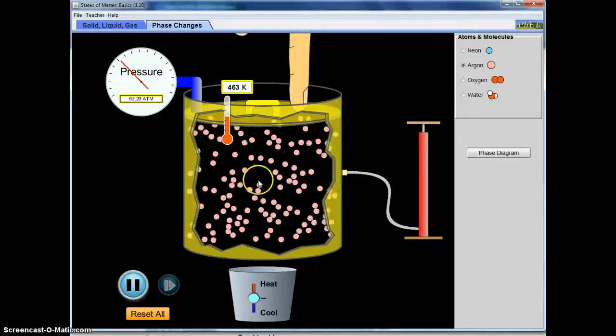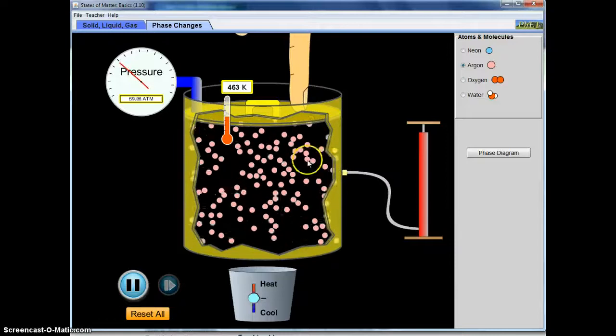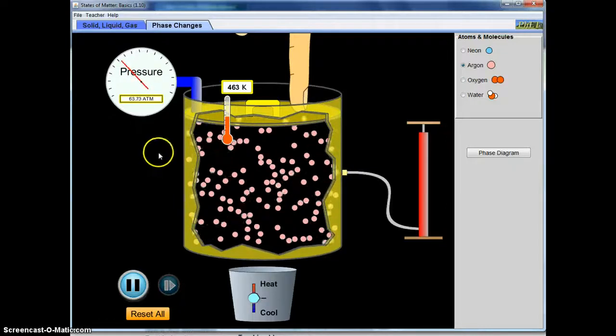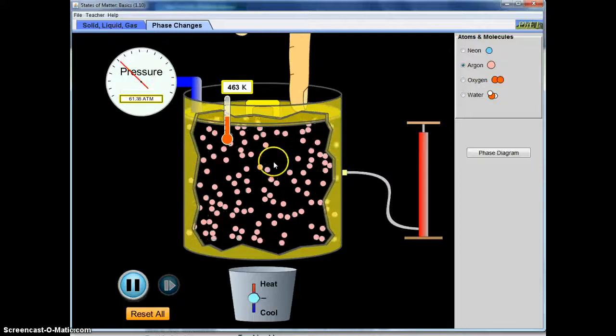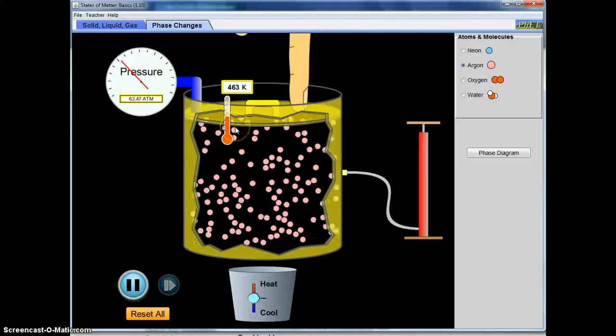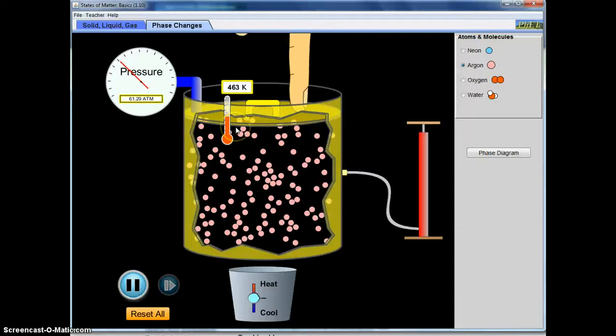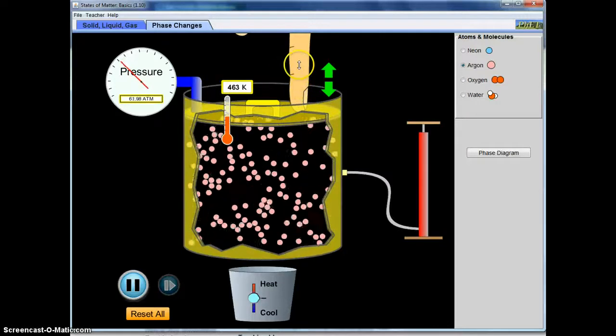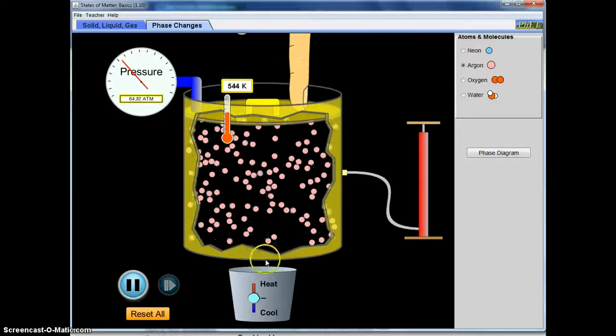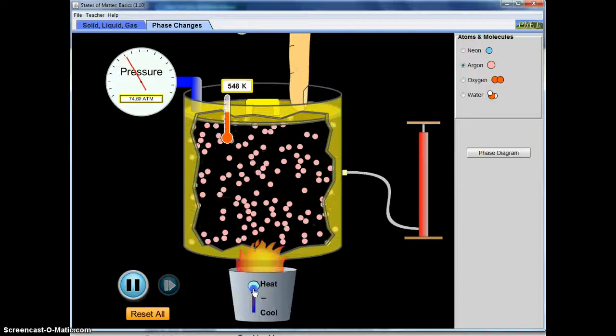They're going to bounce against each other more and bang against the container more. That's going to create more heat and also more pressure because they're hitting the sides of the container so much faster. So I can increase pressure by reducing the volume, and I can increase pressure by increasing the heat.